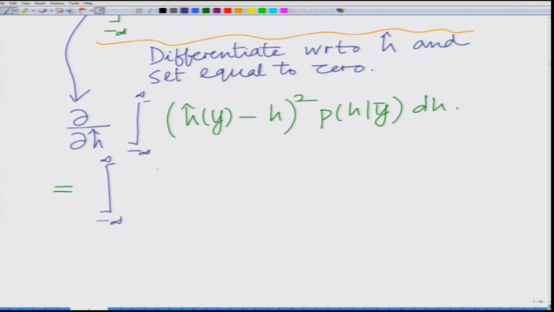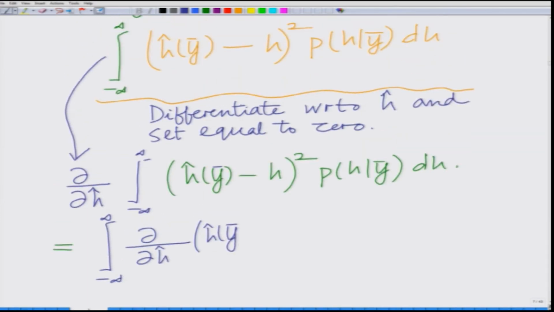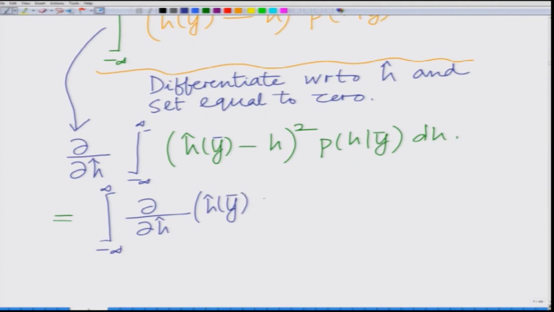We have the integral from minus infinity to infinity of dou by dou h hat of y bar of h hat of y bar minus h whole square, p of h given y bar, d of h.